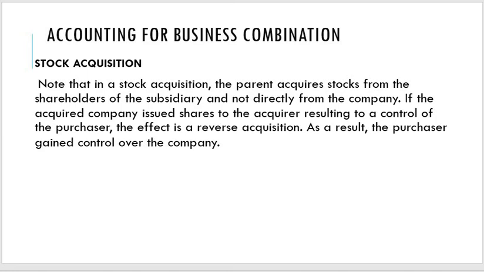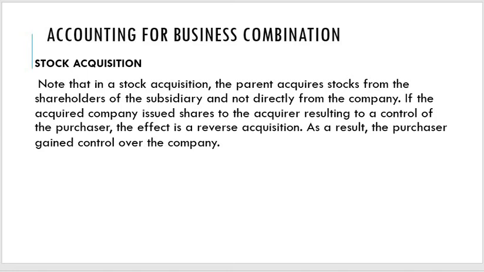Instead, the acquirer will purchase the issued and outstanding shares of the subsidiary, or the acquiree, enough to obtain control. Because if the acquired company issued shares to the acquirer resulting in control of the purchaser, the effect is a reverse acquisition, and we do have separate accounting for that.